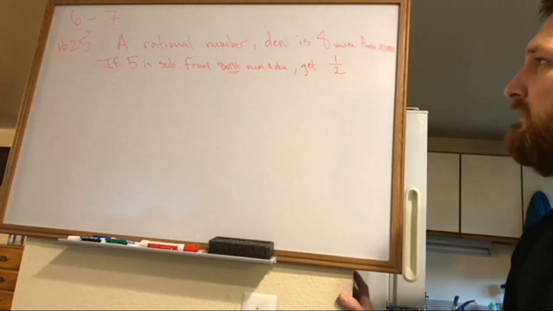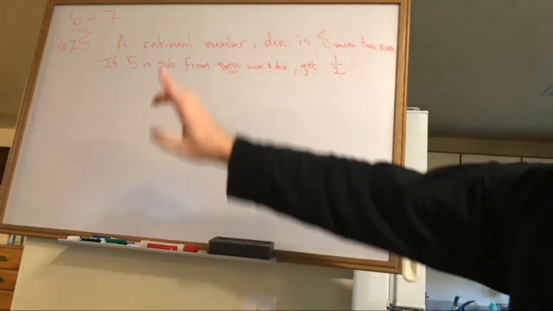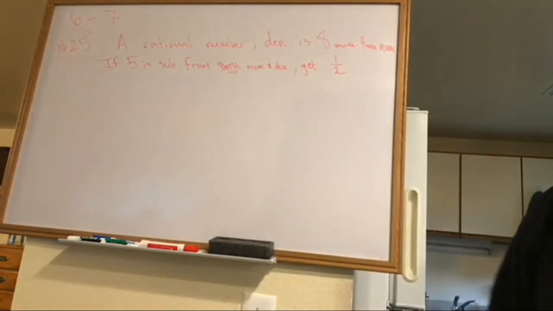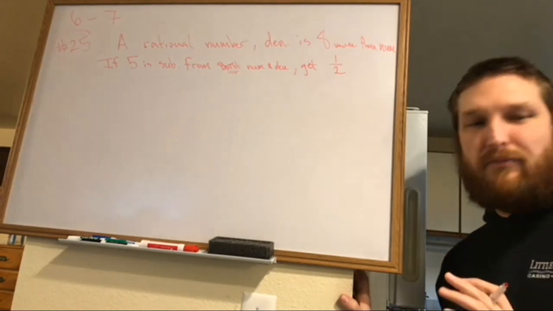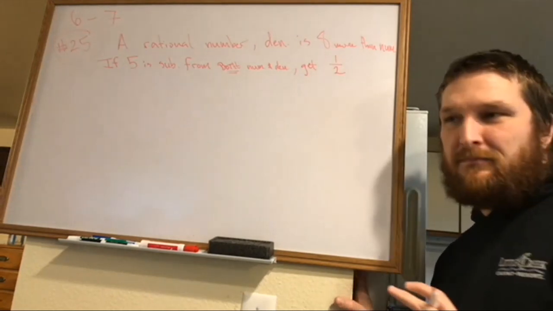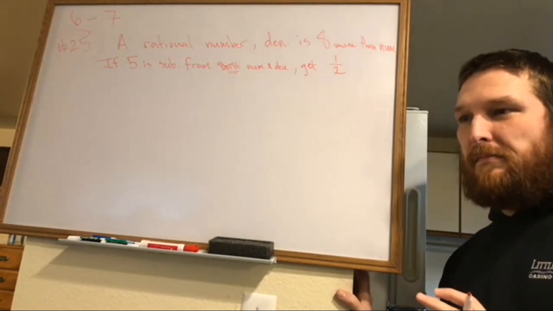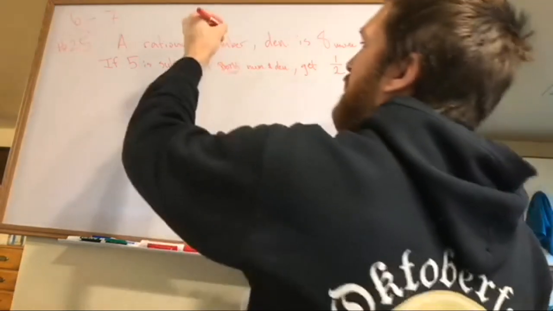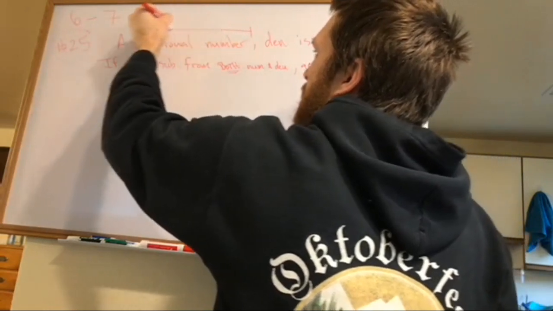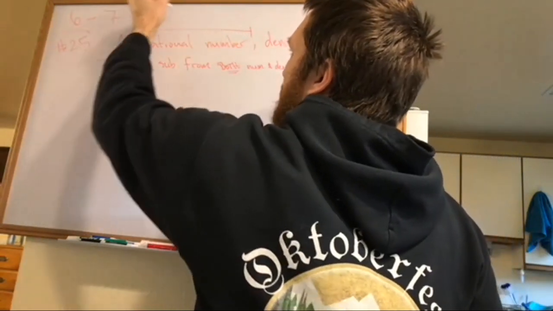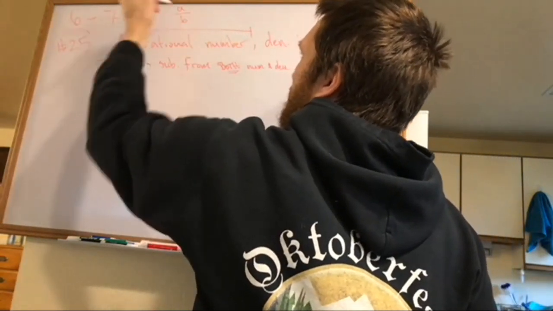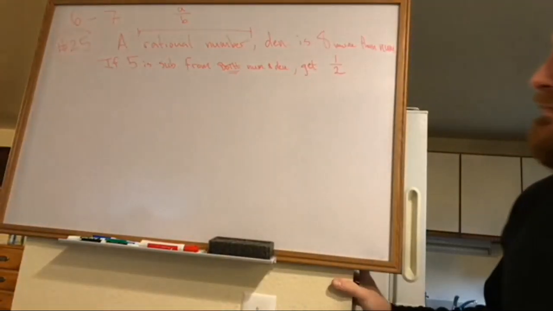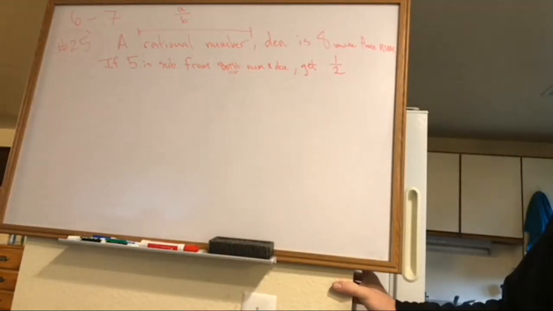Oh boy. So let's break it down. A rational number. What does every rational number look like? Something divided by something else. Period. That is that simple, right? That is what that means.